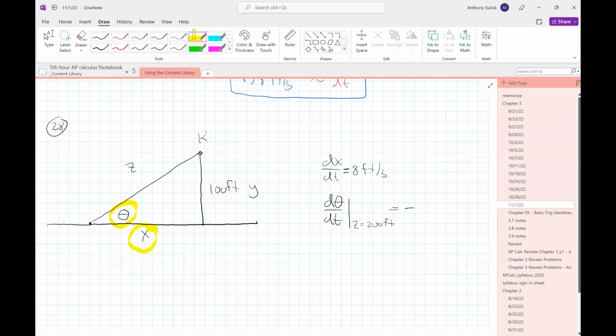So tangent, or I could use cosine, right? Now, which one of those two would be the better choice? Tangent. Why? That's a constant, right? Everybody's cool? Okay. So I agree. I love that. It's like, yes, give me constants. So tangent is opposite over adjacent.